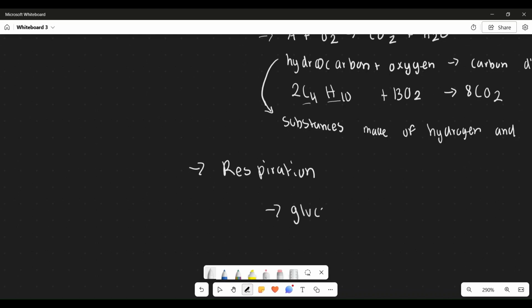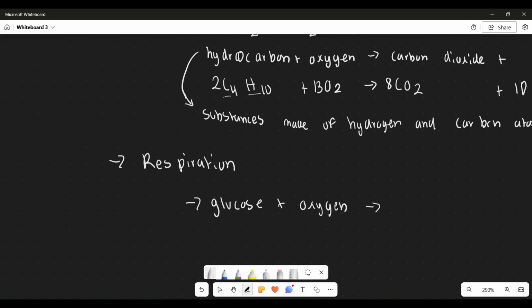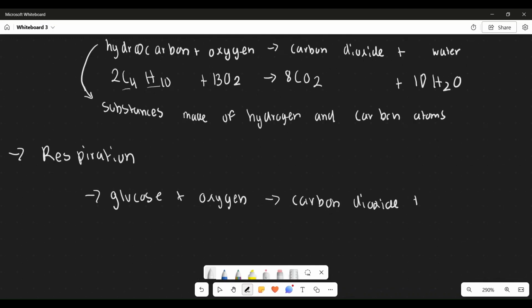It is glucose plus oxygen equals carbon dioxide plus water. If you haven't figured it out already, this is a reaction that happens inside your body when you breathe, basically.